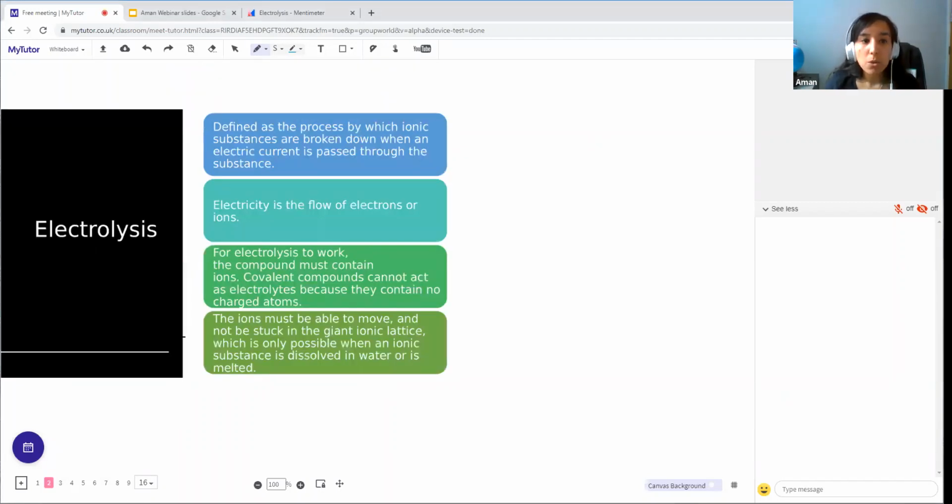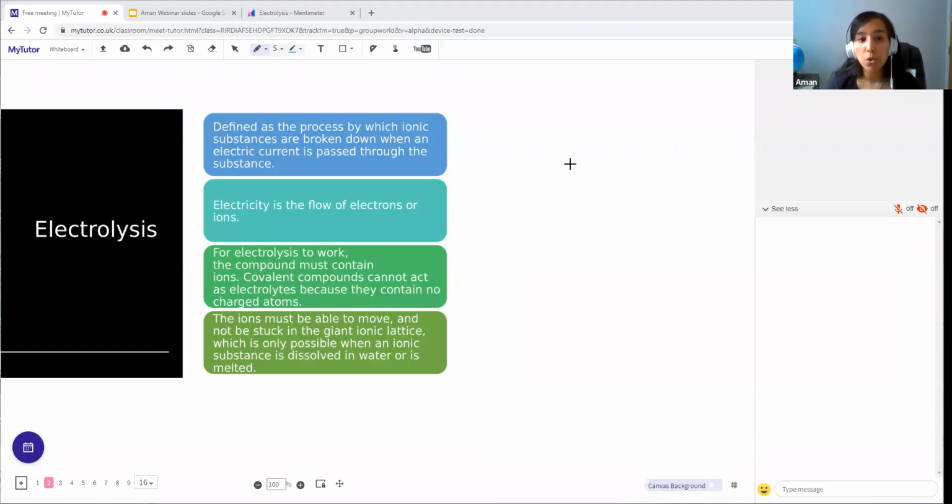Okay, so let's move on to electrolysis, today's topic. Electrolysis is basically breaking down an ionic compound. So remember, what are ionic substances made of, first of all? Does anyone remember from quite a long time ago now, what are ionic substances made of? Good, a metal and a non-metal.